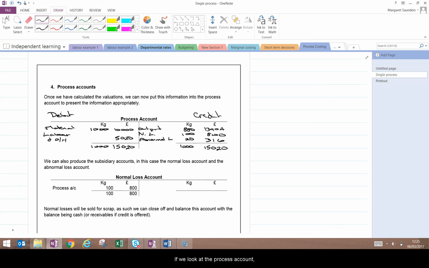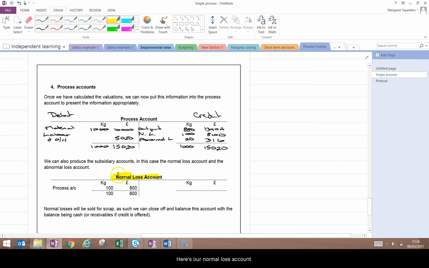So if we look at the process account, on the credit side we have a normal loss. So we need to complete the double entry. So there needs to be a debit entry. We have a normal loss account.